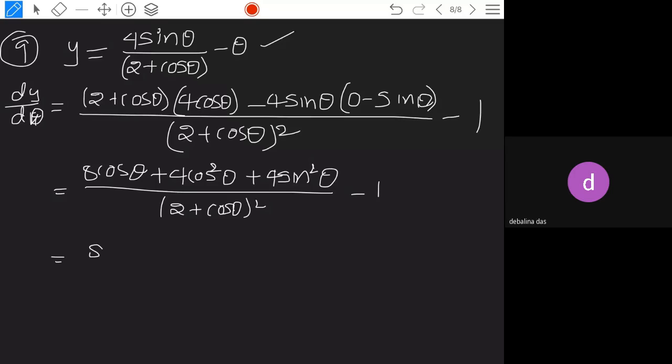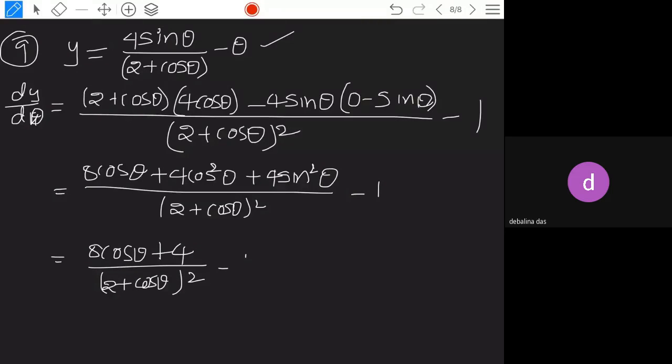Afterwards you can simplify, because we take 4 common from 4 cos square theta plus 4 sin square theta, and cos square theta plus sin square theta is equal to 1. You will get 8 cos theta plus 4 by 2 plus cos theta whole square minus 1.